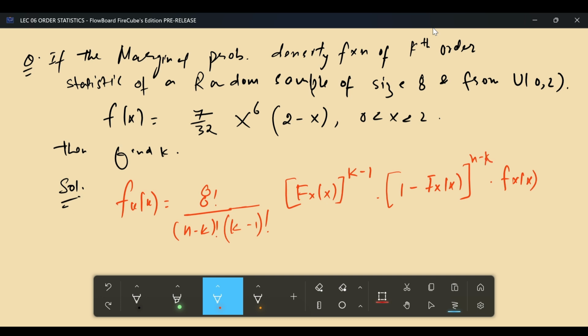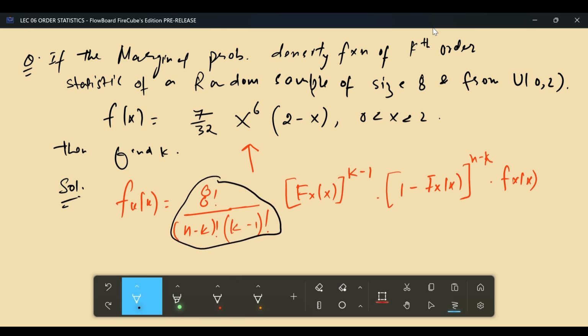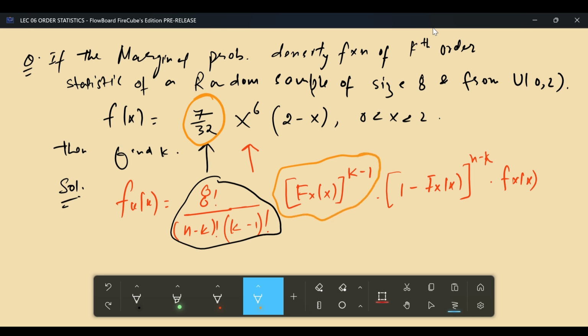See, compare this PDF with this. This is equal to this. This is equal to 7 by 32, and this is equal to this.